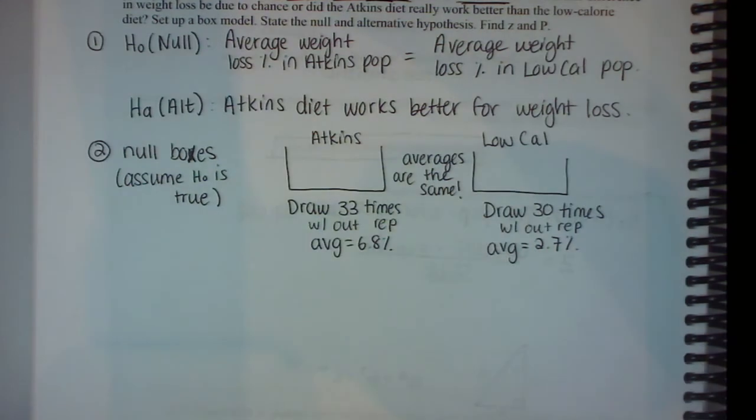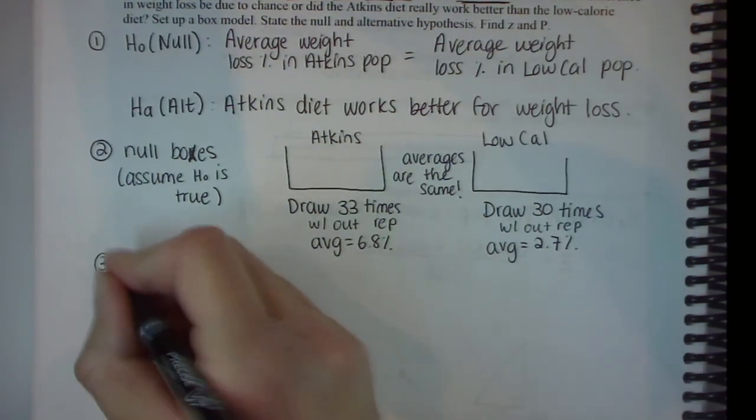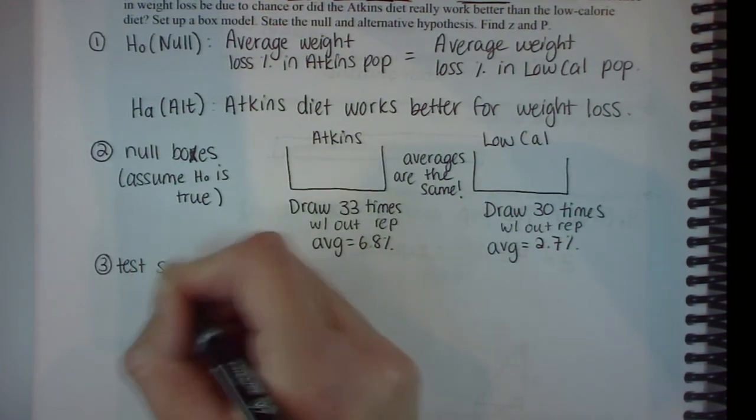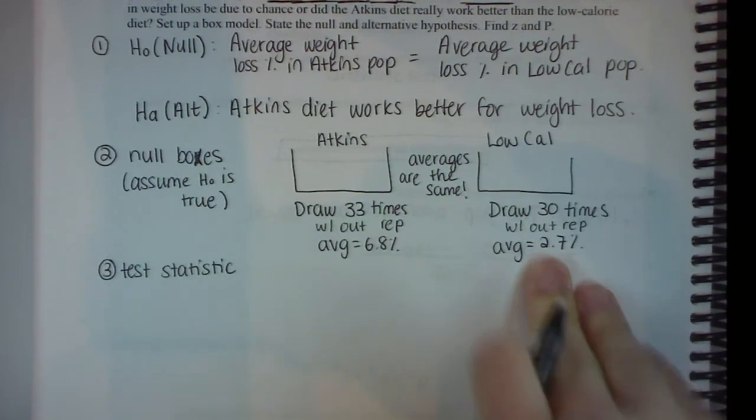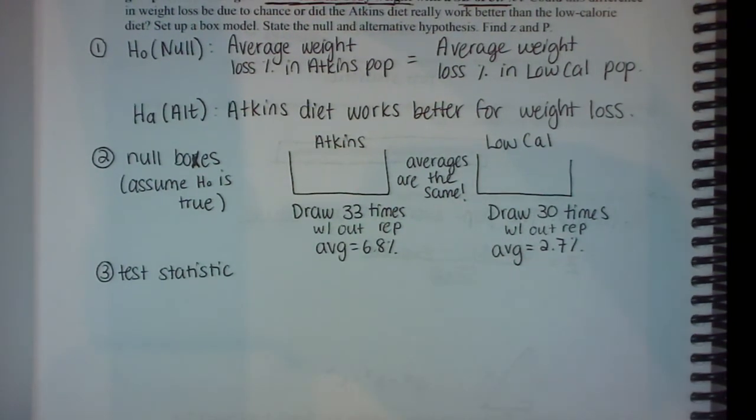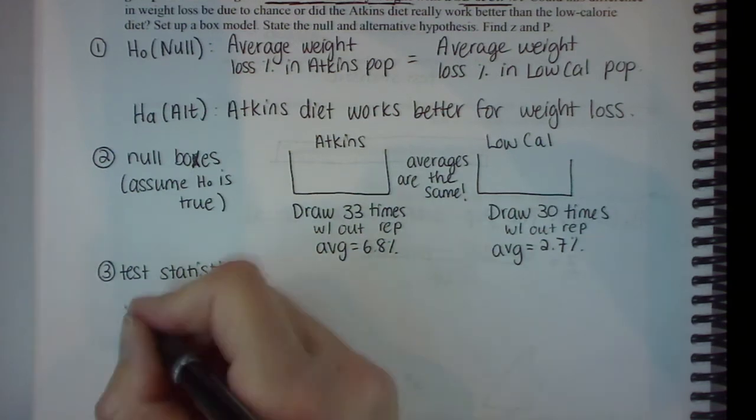Okay, so that's our scenario. So our next step is to calculate our test statistic. So we want to know how far 6.8 is from 2.7 in terms of a z-score. And so this is the two-sample z-test, so I'm going to use z.